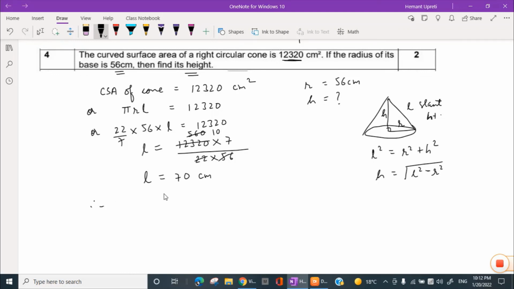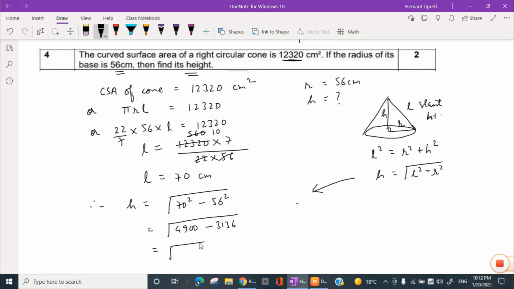So therefore I will say from here, H is equal to square root of 70 square minus 56 square. 70 square is 4900 minus 56 square. You can find out 56 square, 3136.